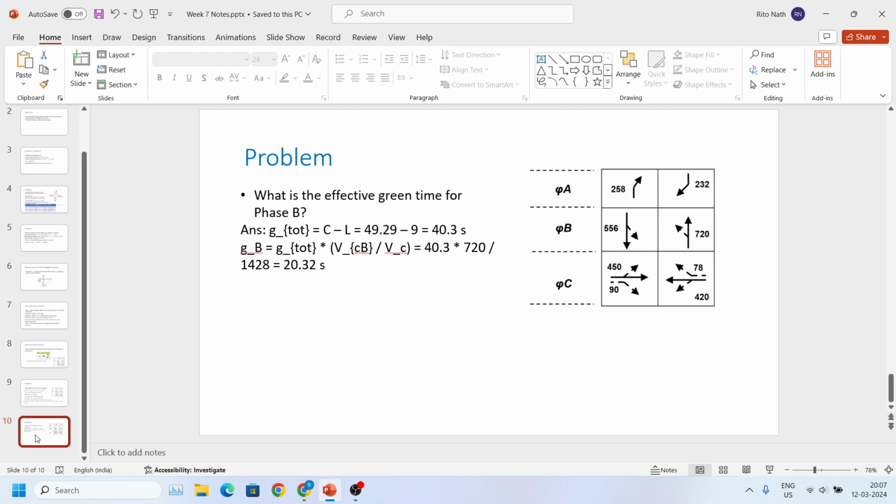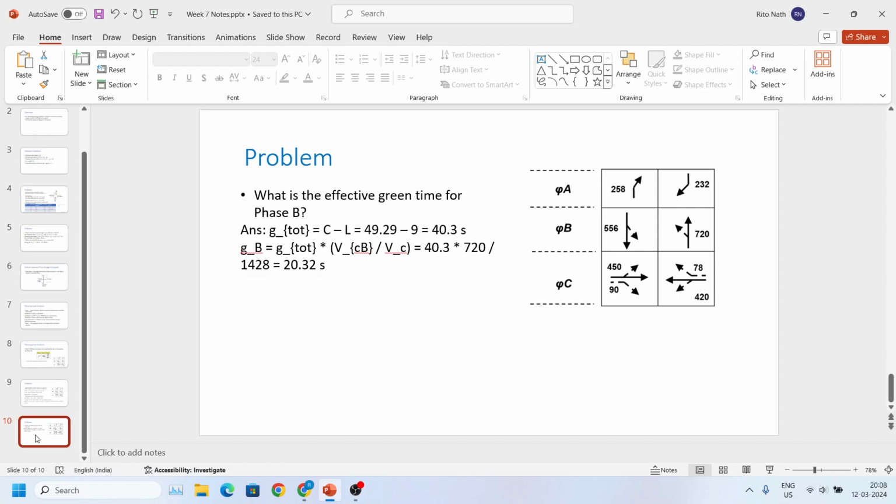Then the other problems are like cycle length calculations, and step 6 is calculating green times and V by C ratios. Green time calculation I have shown in one of the examples as well. And there can be a bunch of calculations that you have to do. For every phase, you can find out the effective green times and so on.